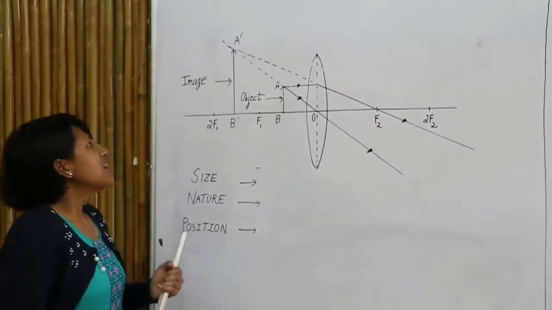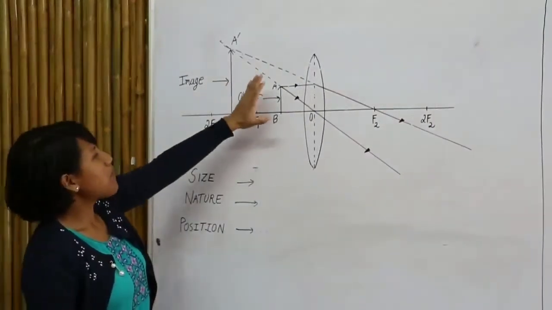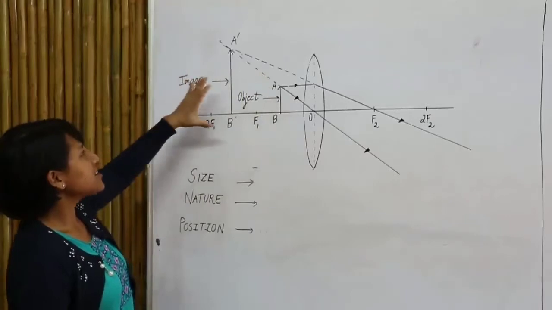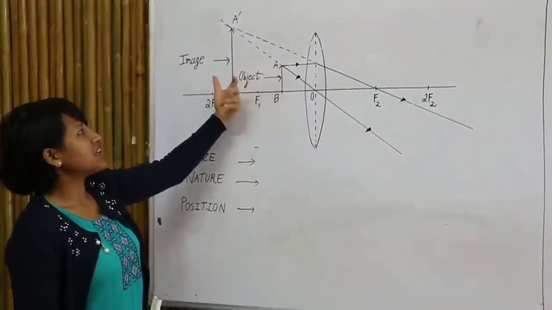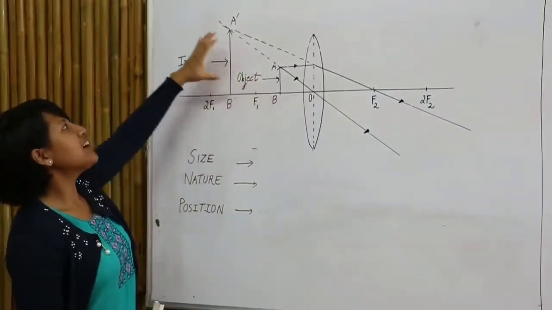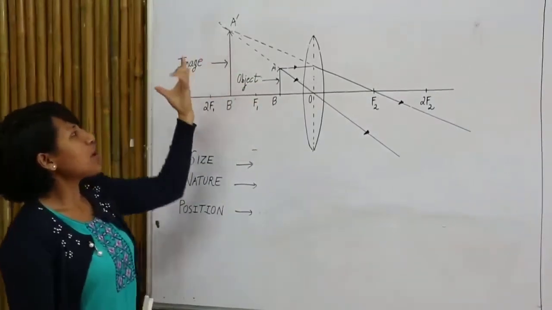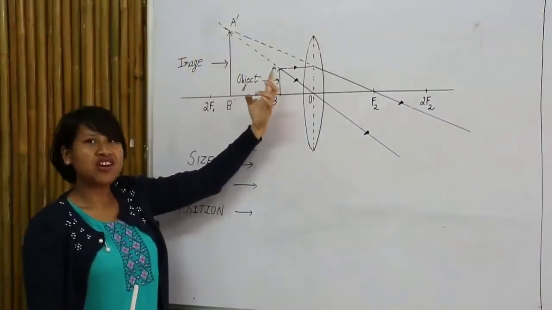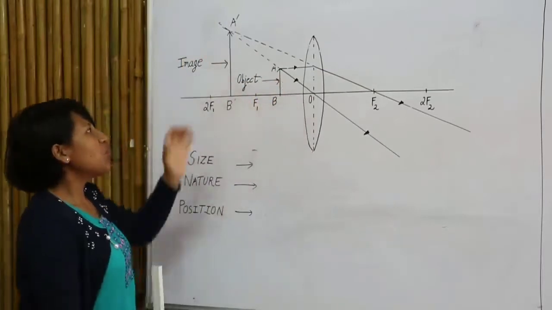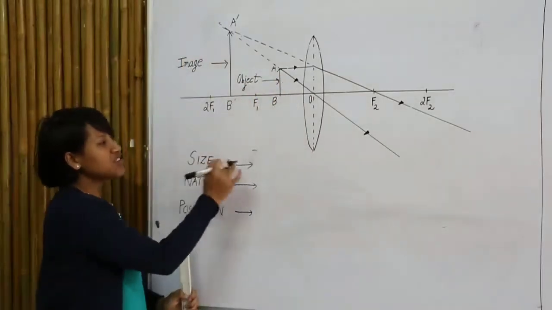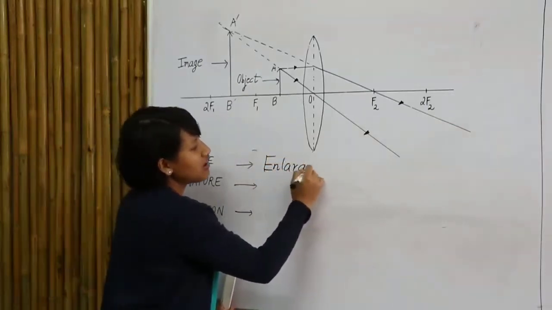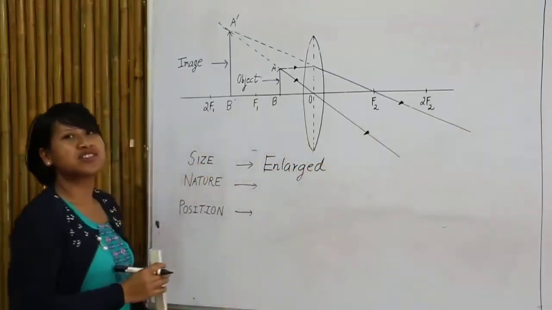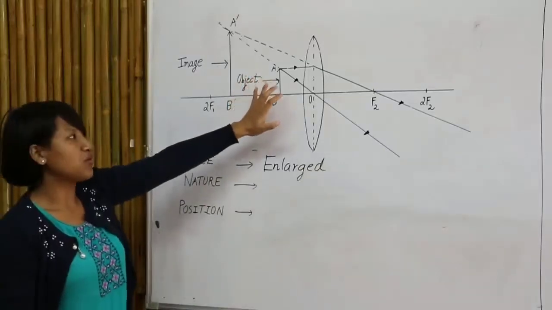Now we compare the size of the image to that of the object. What do you see? You find that the size of the image is quite bigger compared to that of the object, so we conclude that the size of the image is enlarged in comparison to the size of the object.